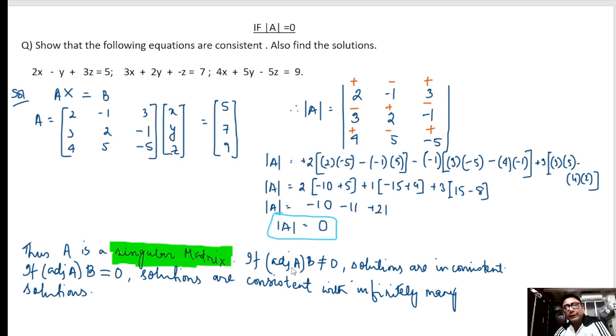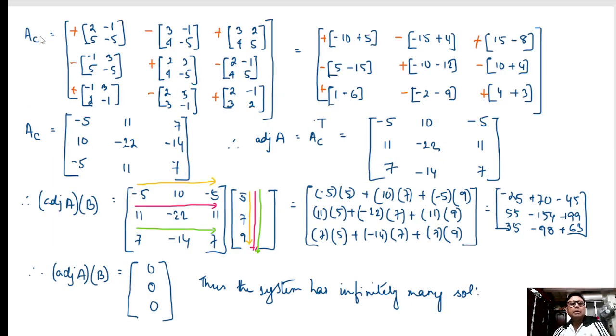We'll find adjoint of A into B. Now if adjoint of A into B is not equal to 0, it will be inconsistent. And if adjoint of A into B is 0, it will be consistent with infinitely many solutions. So let us now find out. So this is the first.